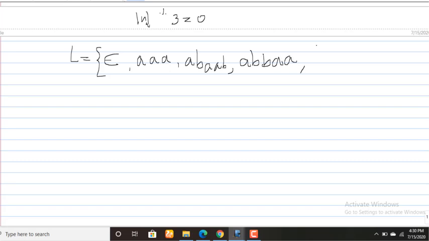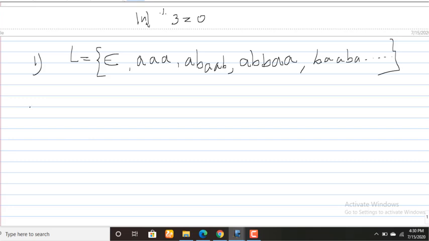If any string starts with B, like BABA, we won't bother about the count of B. We should consider only the count of A, with divisibility by 3 equal to 0. This is the first step.